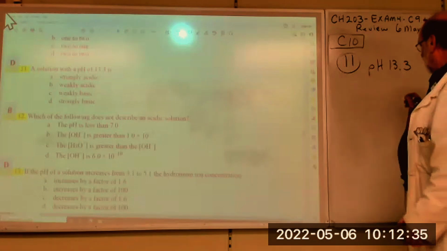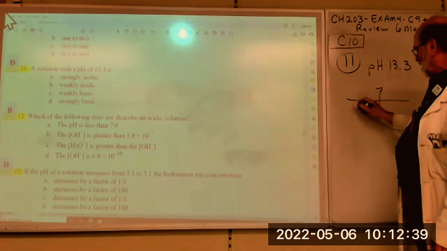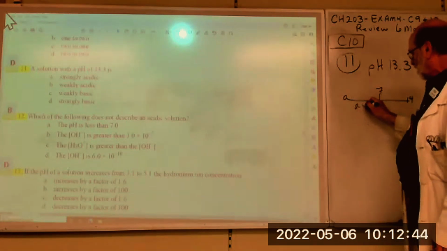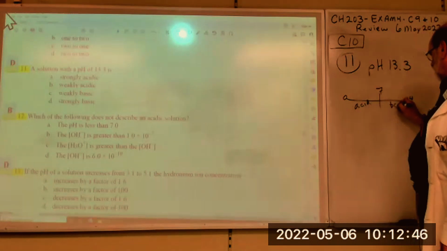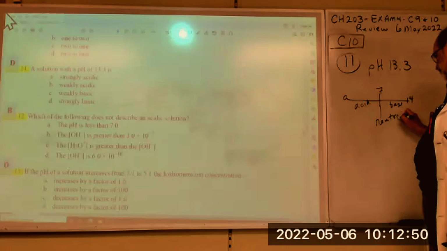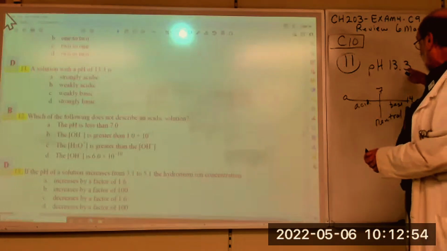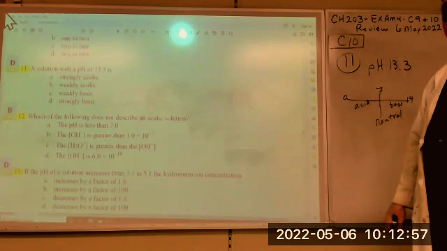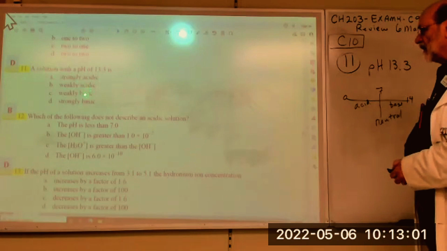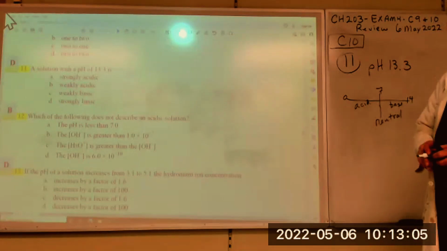Basic, yeah. So if you look on a continuum and you have a pH of 7, down to 0 here and maybe 14 there, these are all acid, these are all base. And this is neutral. Okay, but pH 13 is strongly basic, which should be there, right there. Okay.